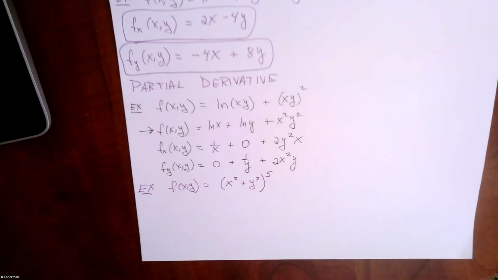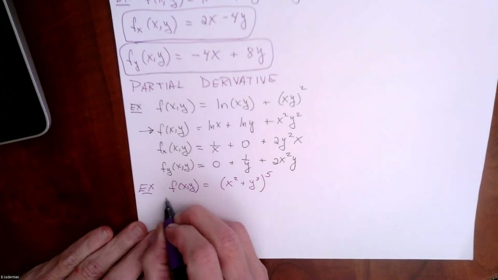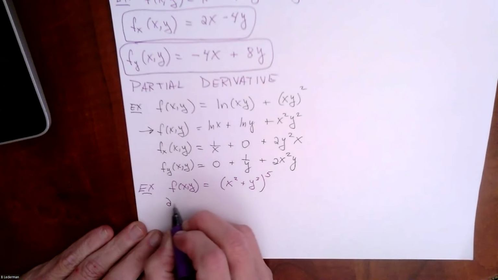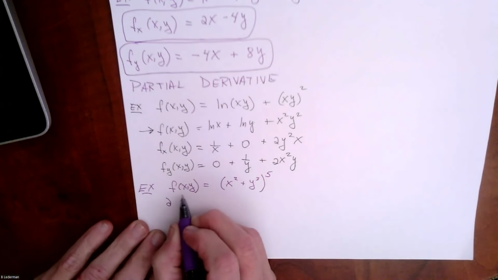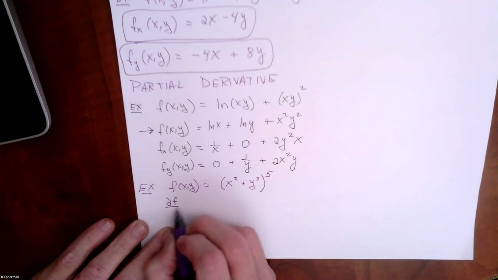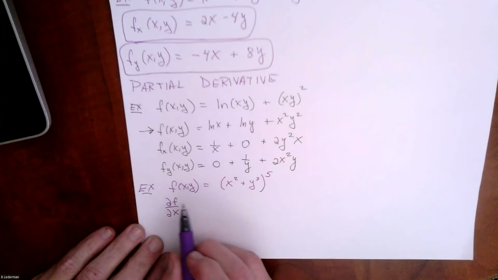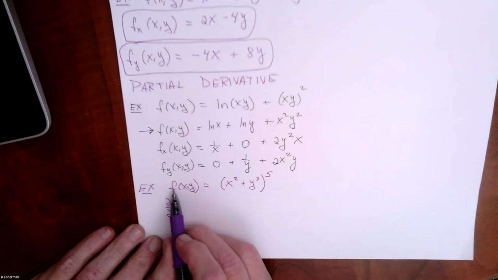There's another notation which is similar to the dy dx notation, but instead of writing dy dx, you write del y. Now, in this case, it's not y, but it's del f, del x.